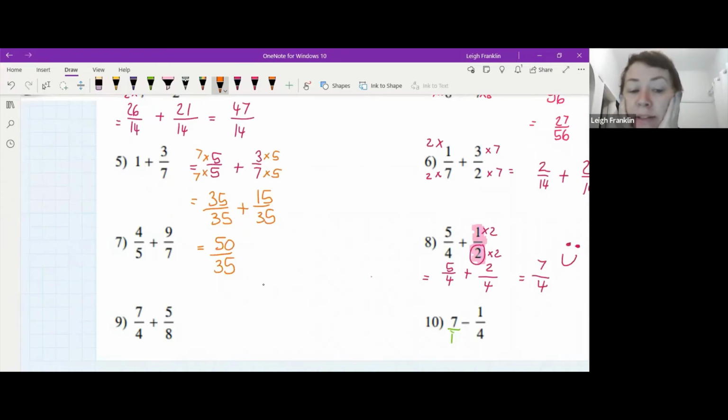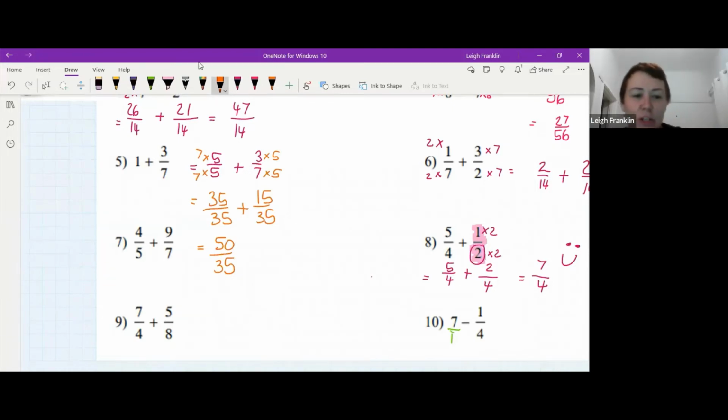So that means that there's a number that you can divide into 50 that you could also divide into 35 in order to simplify those numbers. Do you know what number it is? No. That's okay.